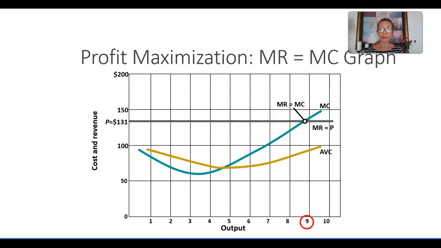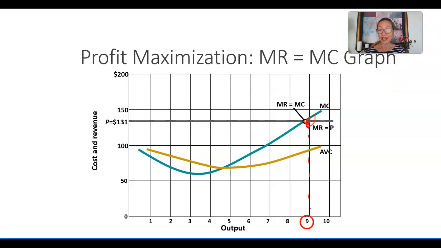So if we look at the graph, the optimal output level is here at 9 units. This is a little bit off right here. It should be right over there. So let me just go ahead and draw that in. So we should be right over here at 9 units, and we would be producing 9 units.